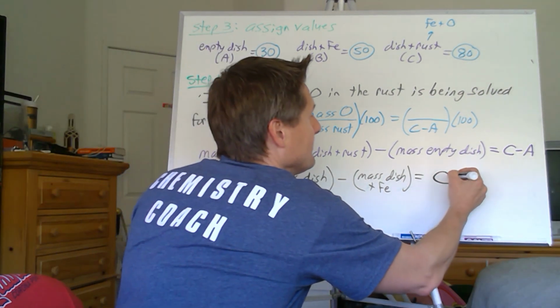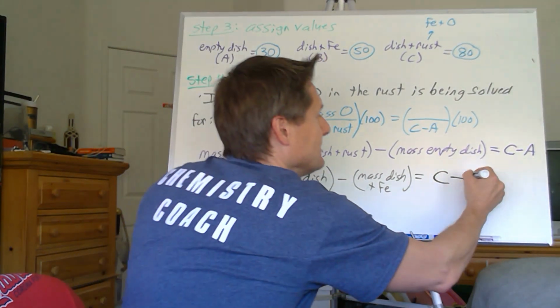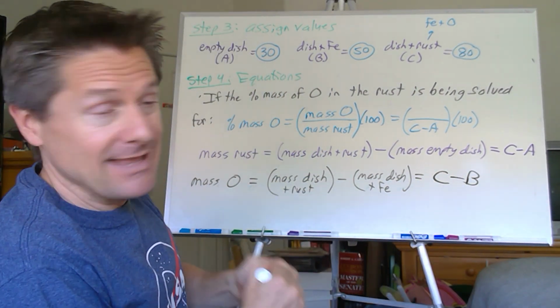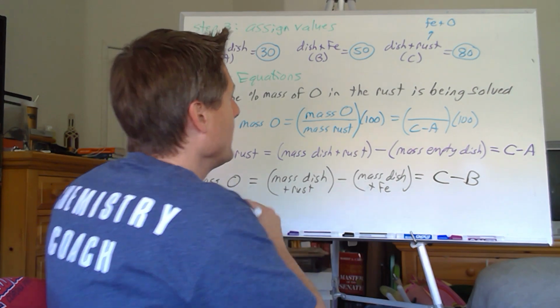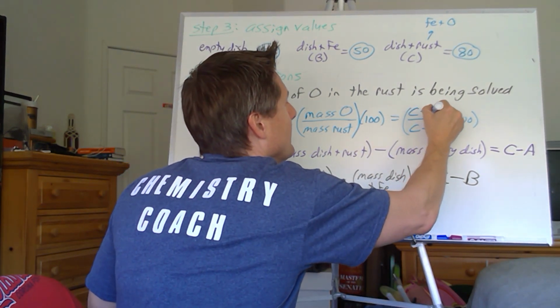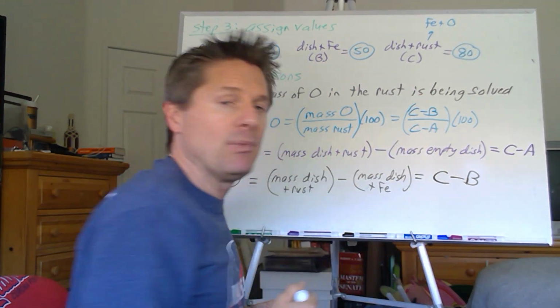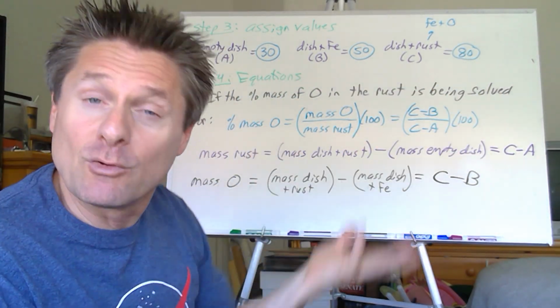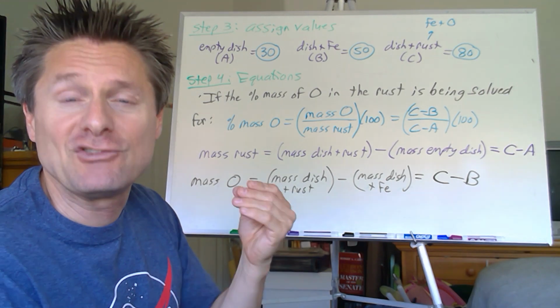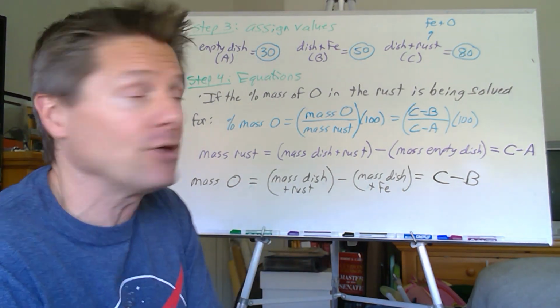So this would be C minus B. See the difference? You get the wrong letter in there, all your answers are going to be off. So the numerator here would be C minus B. And if we were solving for something else, or if we labeled these differently, this would be a different equation. So it's specific to each experiment and how you assign letters.